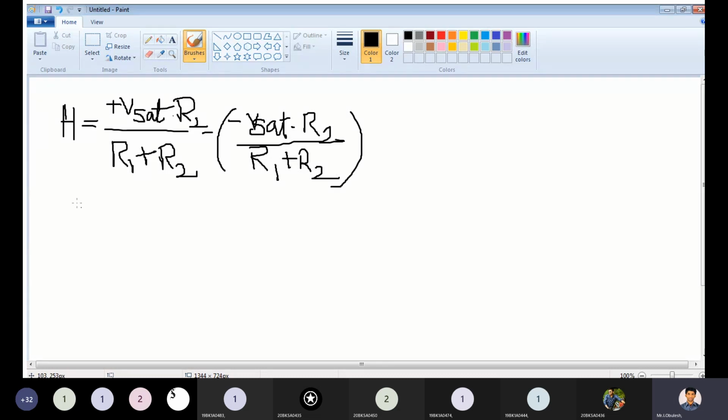Then simplify the expression. You need to simplify the expression. 2V sat R2 divided by R1 plus R2. Yes or no?